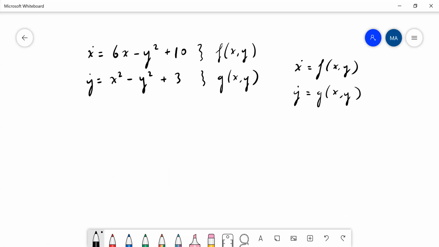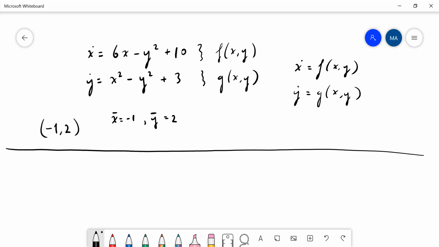Now let's choose the steady state point minus 1, 2. So this is our x bar: x bar is equal to minus 1, y bar is equal to 2. We want to linearize both of these functions around this point.